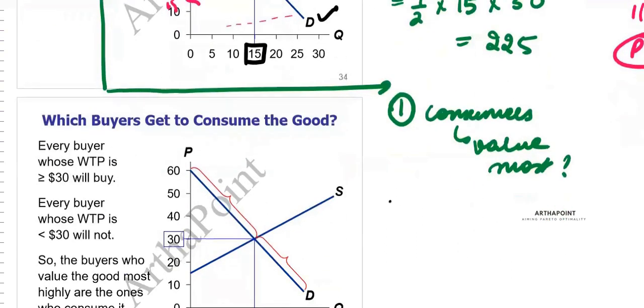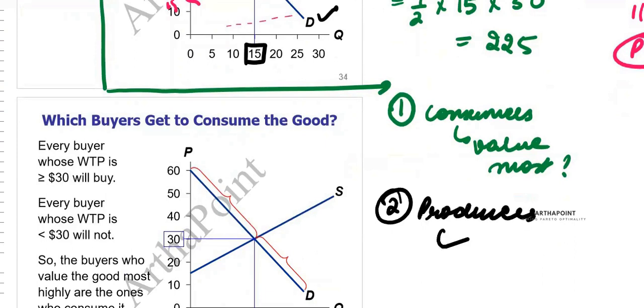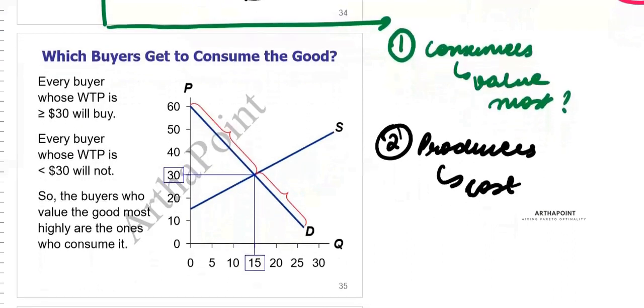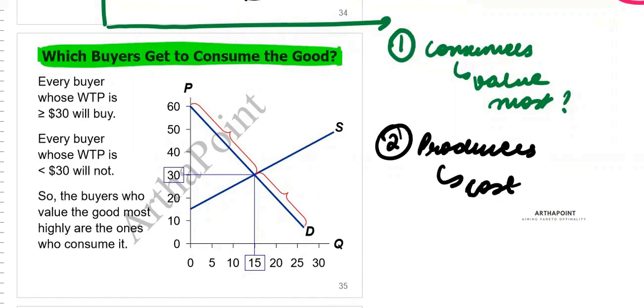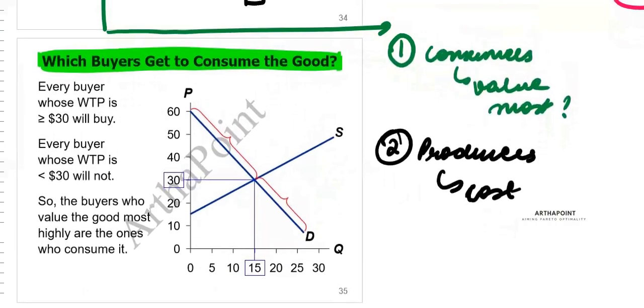Second, are those producers selling it who have the least cost? These are the two questions that we are asking. So let's talk about the consumer first. Which buyers are getting to consume the product? That is my first question.